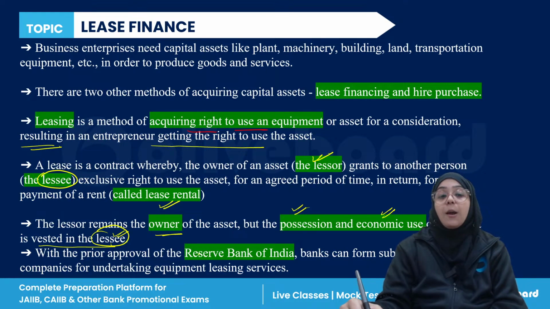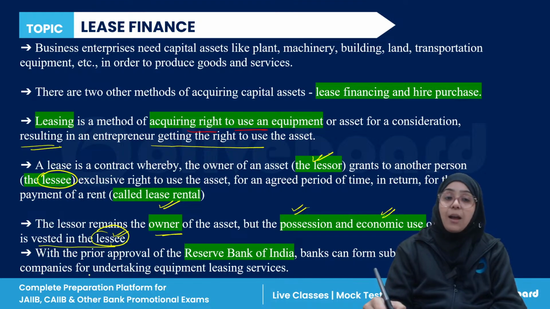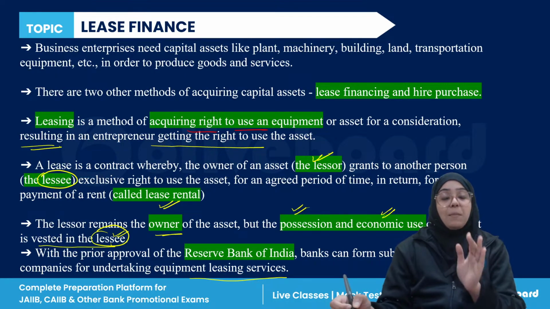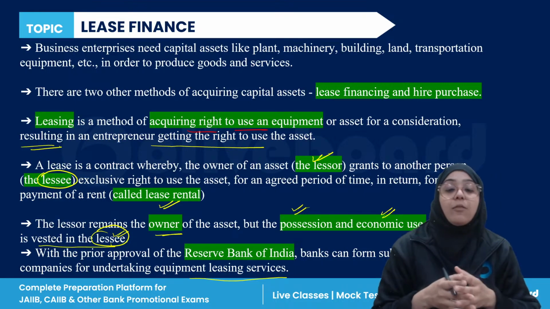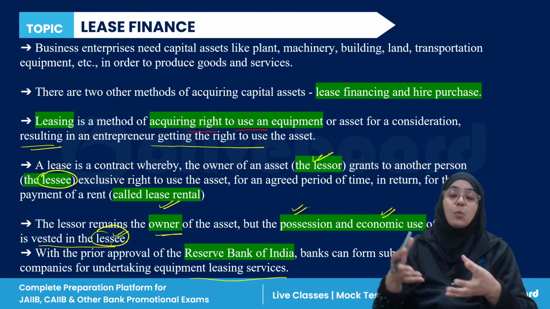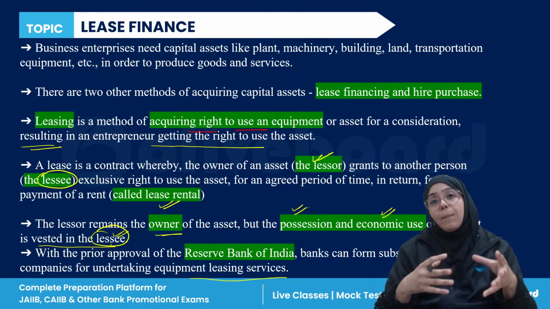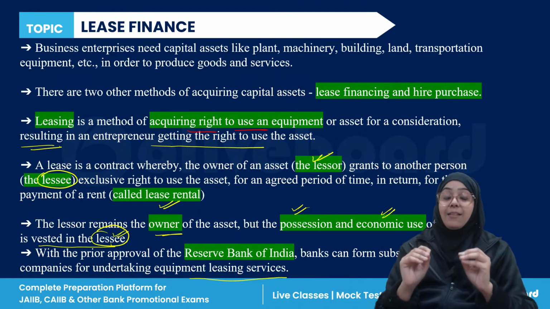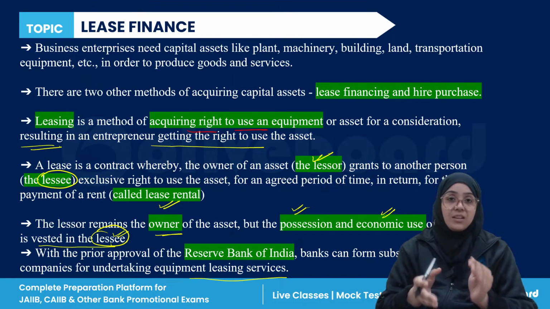Now, with the prior permission or approval of the Reserve Bank of India, a bank can form a subsidiary company for undertaking equipment leasing services. It means that a bank can involve itself in leasing services or equipment leasing services, but by undertaking a subsidiary, right?